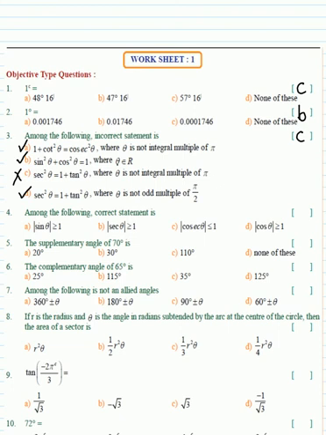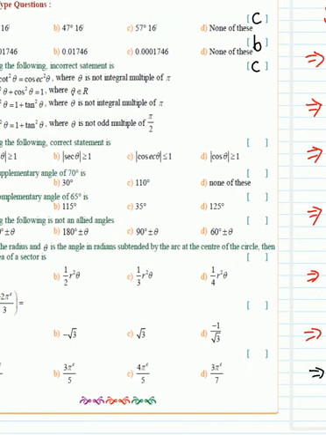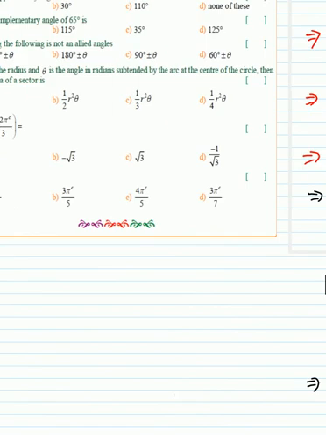Now let us observe this one. According to the trigonometric function definitions for any angle, here a ray makes some angle theta. So the ray is the OP ray.